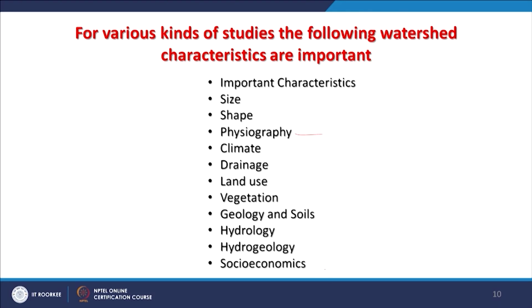There can be many other things we use watershed characteristics for in different studies. Once you have delineated a watershed, or asked a system through surface hydrologic modeling to delineate the watershed automatically by providing this threshold value, many other parameters related to the watershed can also be derived automatically.